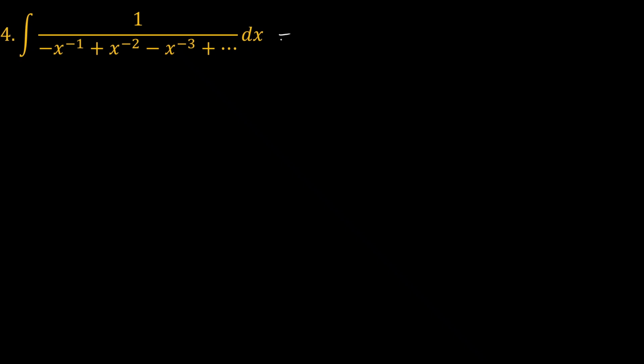So problem number 4, the indefinite integral of 1 over negative x to the power negative 1 plus x to the power negative 2 minus x to the power negative 3 plus and so on and so on. We can express this as something like this.